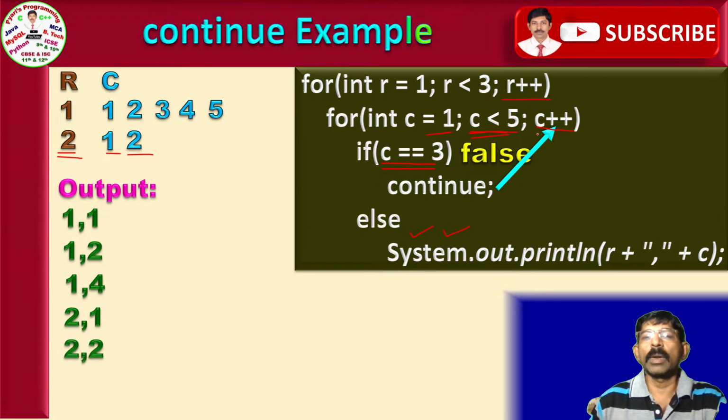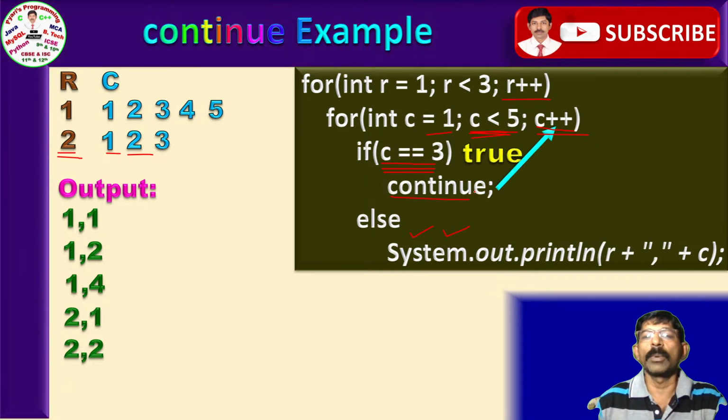Next time C++, C is 3. 3 is less than 5, condition true. 3 is equal to 3, it is true. So if it is true, continue will be done. Continue will take the control to the updation part. So that's why it is not going to display. C++ will make it 4. 4 less than 5 condition true. 4 is equal to 3 condition false. So it will display now.